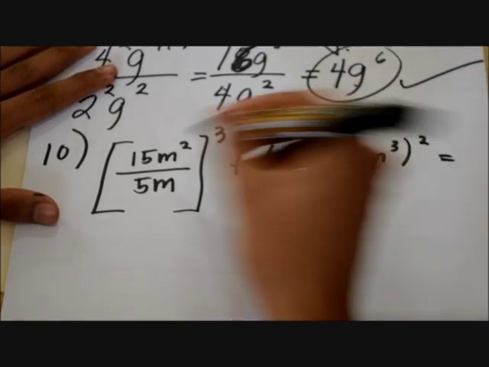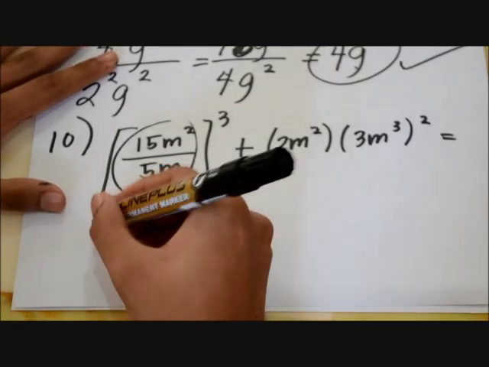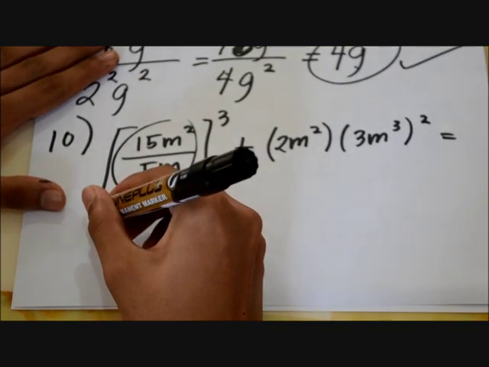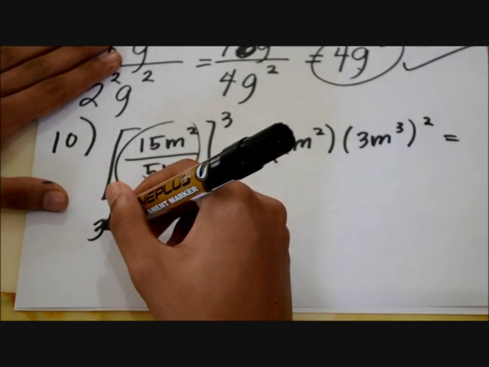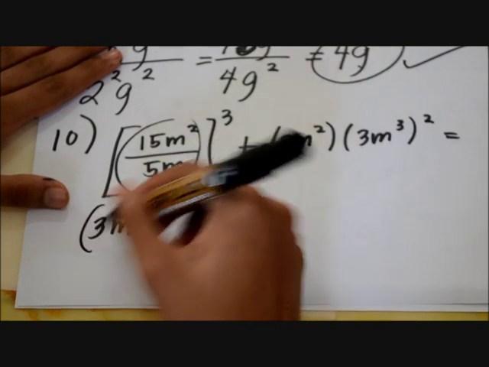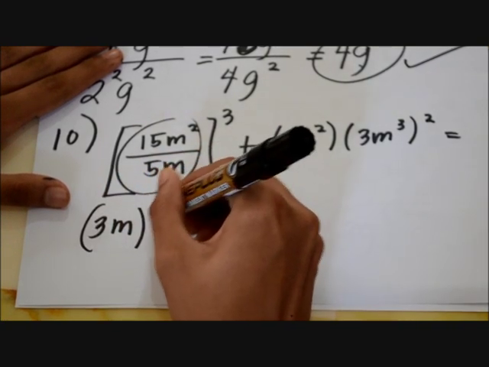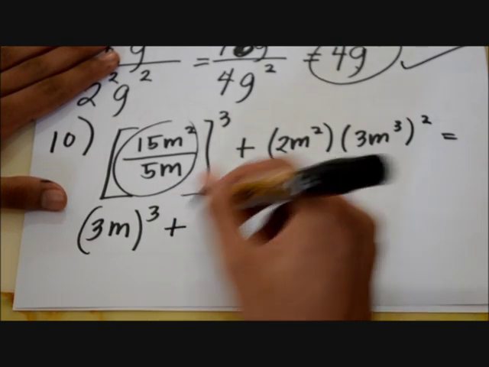So this is a little bit of a combination of all the laws of exponents. We are first going to simplify the fraction inside the bracket. So that's the quantity of 3 meters raised to the power of 3.